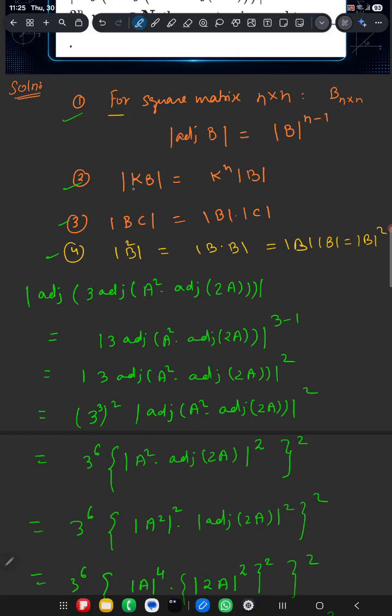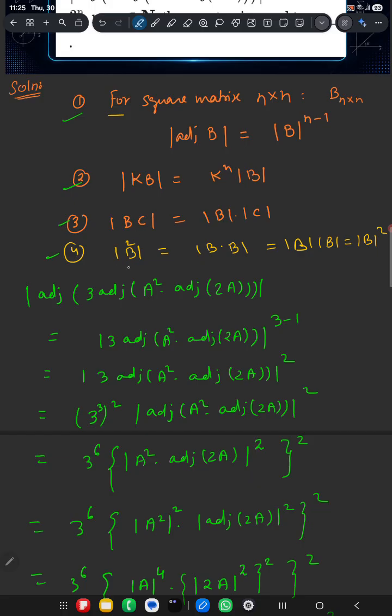Second property, determinant of k into B, where k is a scalar. So k will come out of the determinant sign raised to the power n, that is the order of the matrix B, and determinant B will be multiplied. Third, if you have the product of matrices B and C, its determinant will be the product of determinant B and determinant C, where C is also of the same order as B.